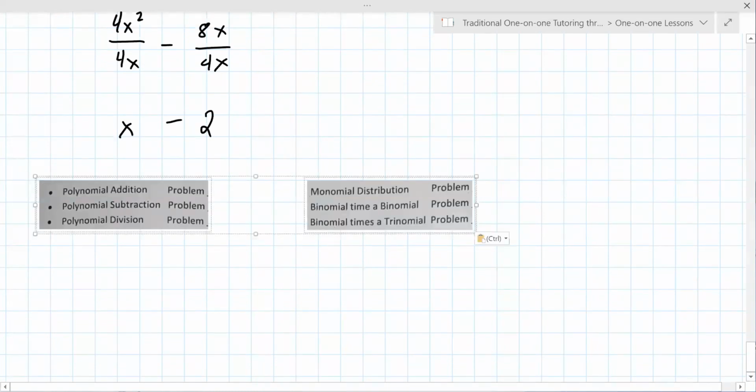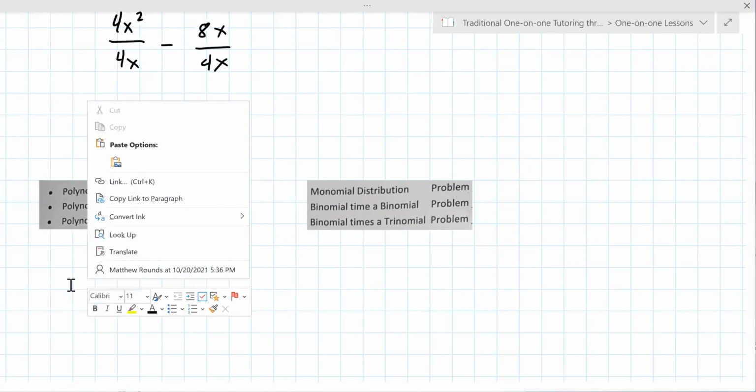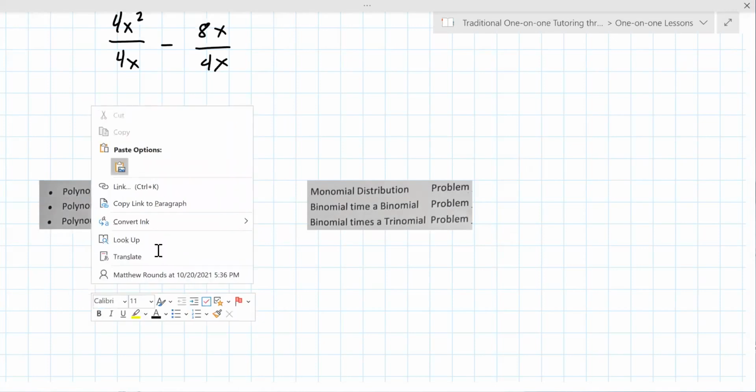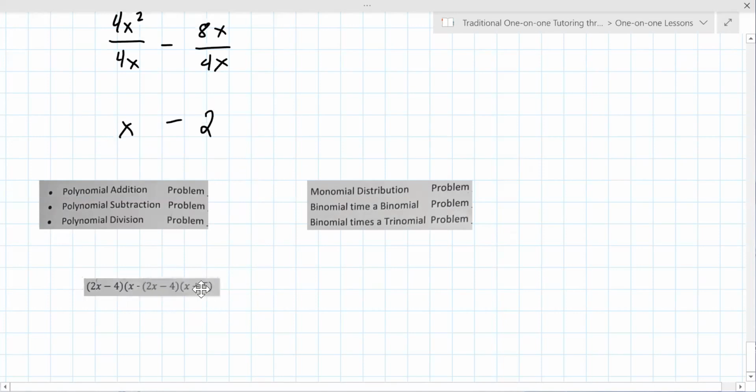All right. Let's go for the next one. What do you see here?